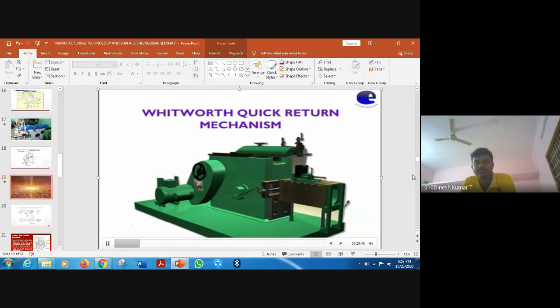It converts the rotary motion to reciprocating motion and provides a quick speed on the return stroke.